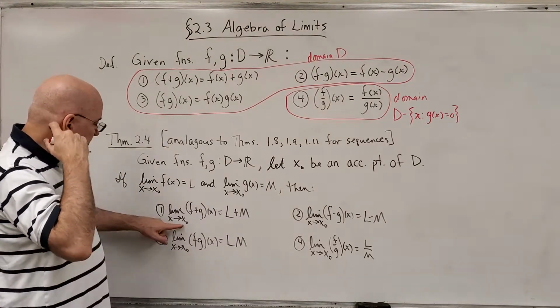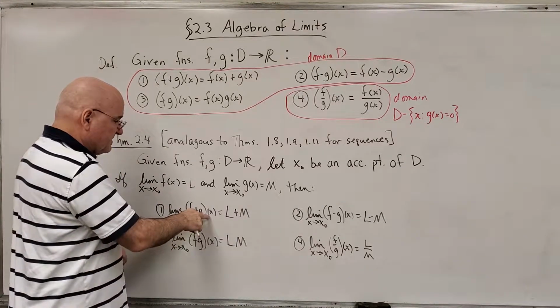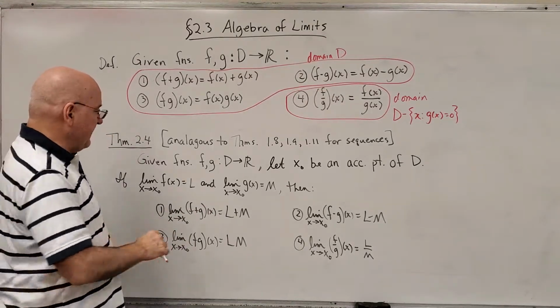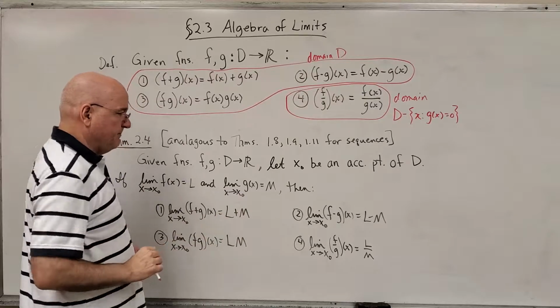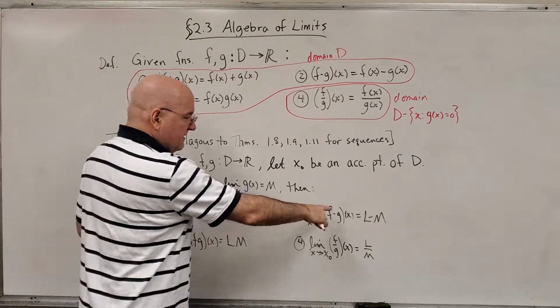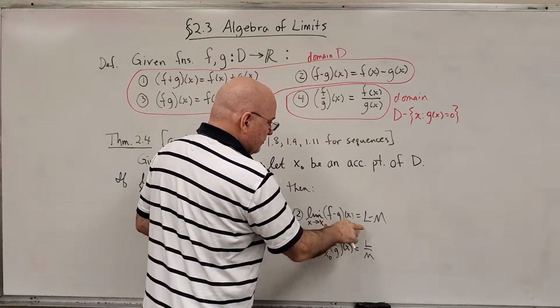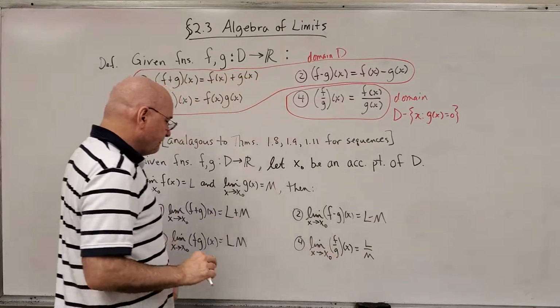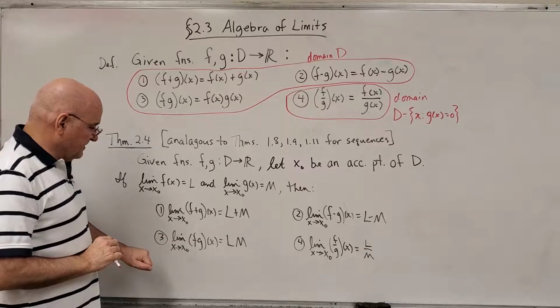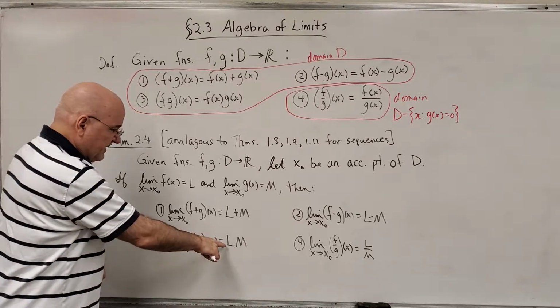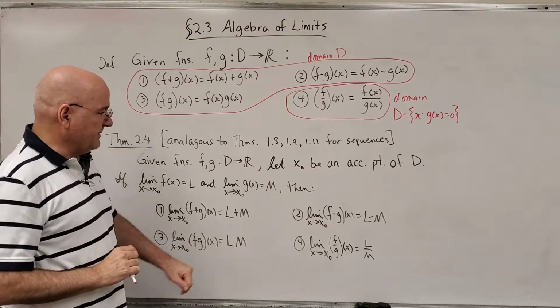The limit as x goes to x naught of f plus g of x is exactly what we would expect. The limit of f of x plus the limit of g of x, L plus m. And likewise in the minus case, this limit would be L minus m. The third one, when you multiply the two functions together, the limit would be, as we expected, L times m.